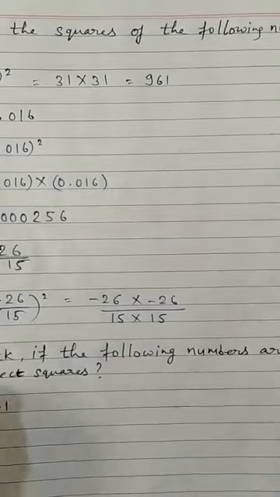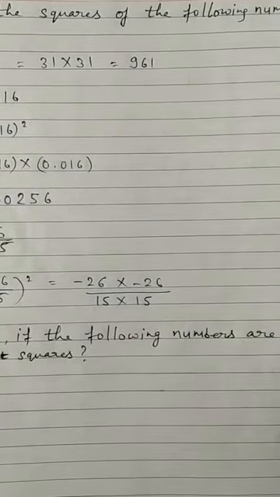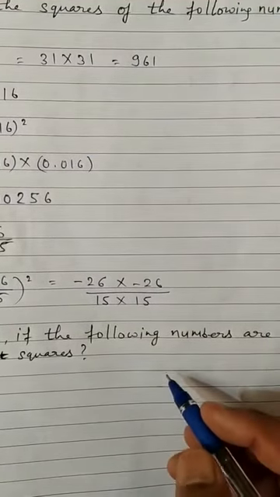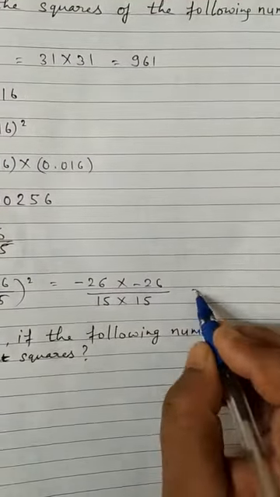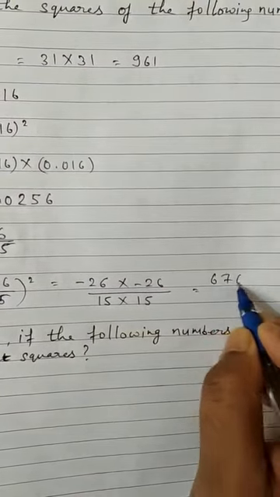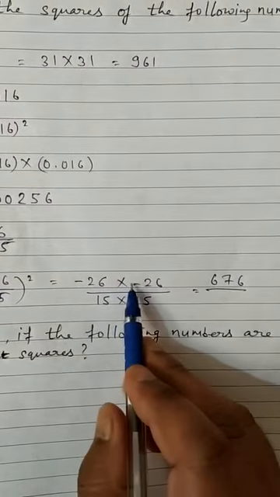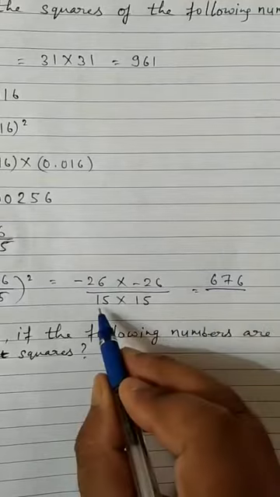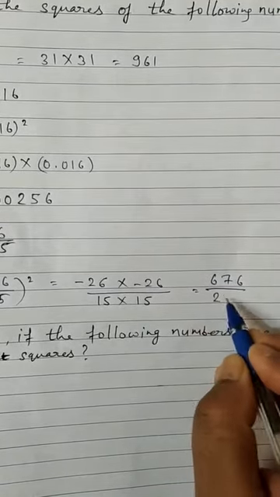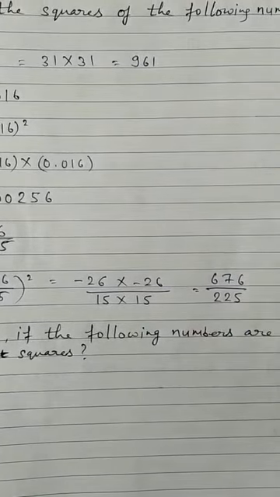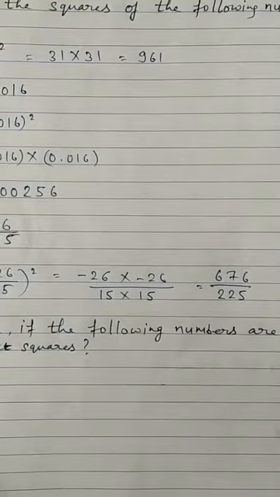You know that the square of 26 is 676. Minus into minus becomes plus, and the square of 15 is 225. Okay.